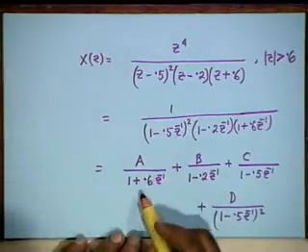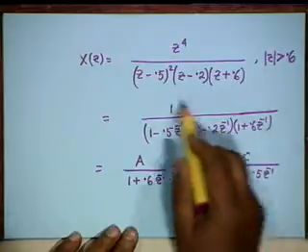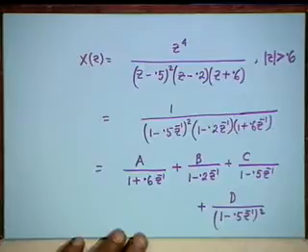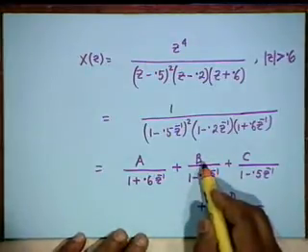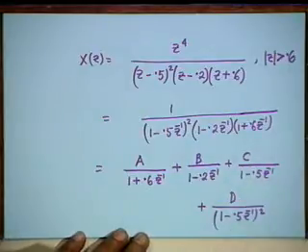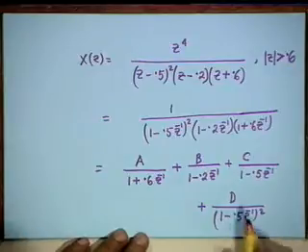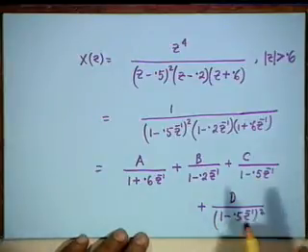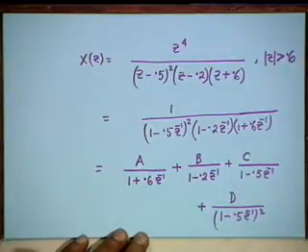Capital A is 1 plus 0.6 z inverse multiplied by this with 0.6 z inverse equal to minus 1. Similarly, you can find capital B, and C is the problem, D is not the problem. D you can calculate by multiplying both sides by this and putting 0.5 z inverse equal to 1.